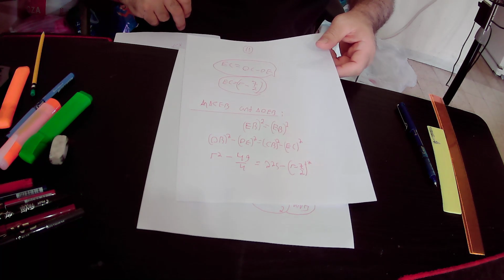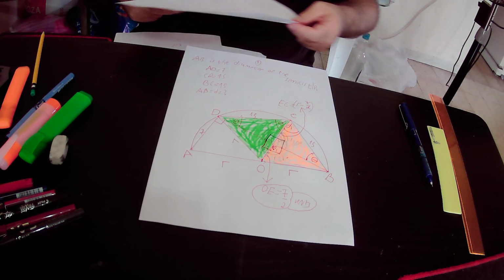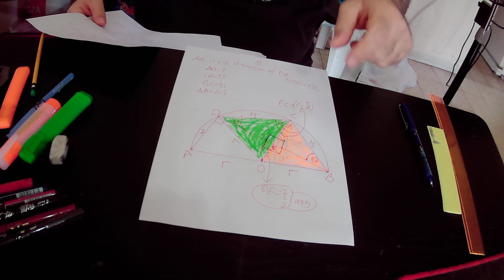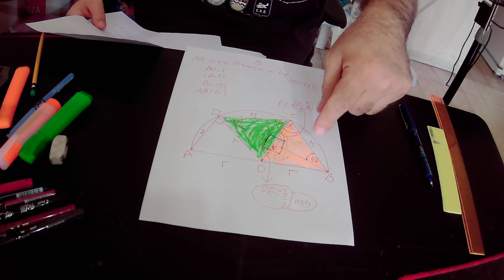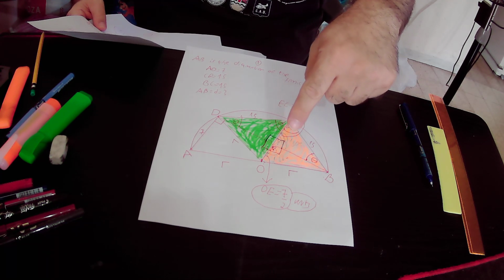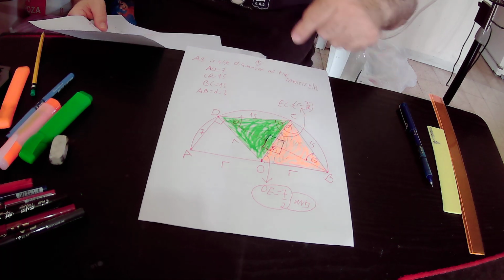Okay, then we focused on two right triangles in the orange color. Triangle CEB is a right triangle because angle CEB is a right angle, and triangle OEB is also a right triangle because angle OEB is a right angle.